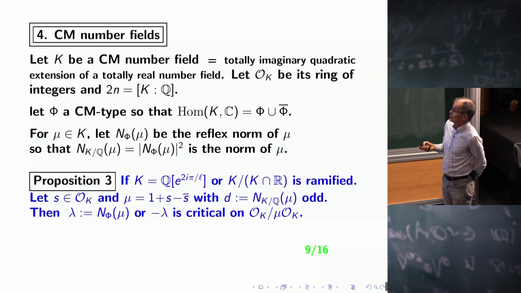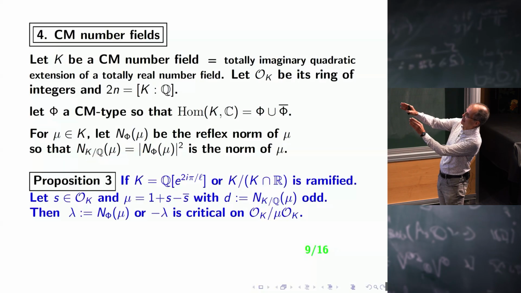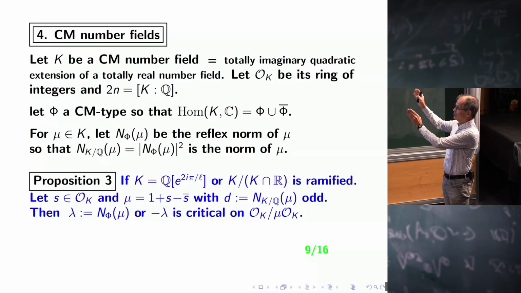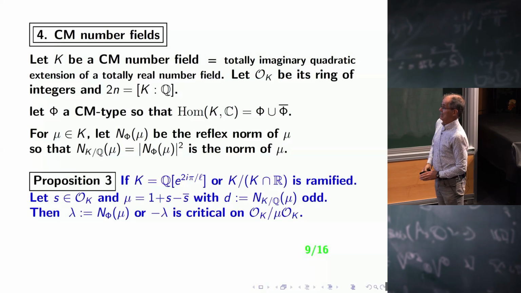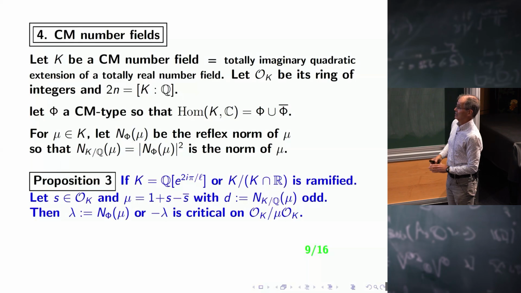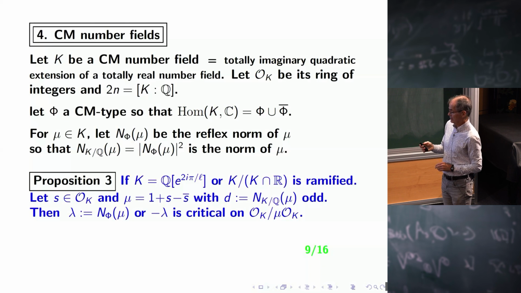And so this is, for me, a kind of reformulation of the main theorem in a special case, but it's kind of general. So you can say the reflex norm of this element, 1 plus some imaginary, 2 times imaginary integer, is always critical. Up to sign, there is a sign here.